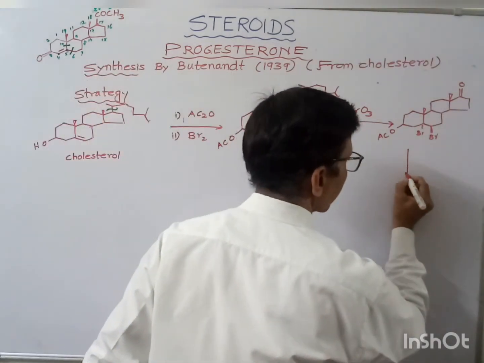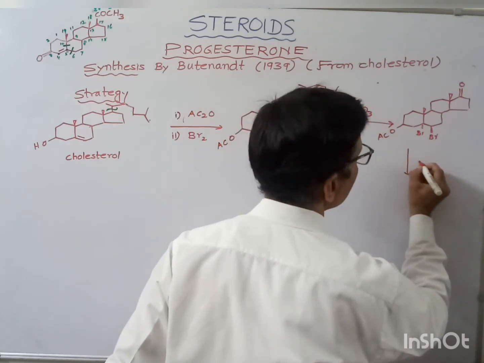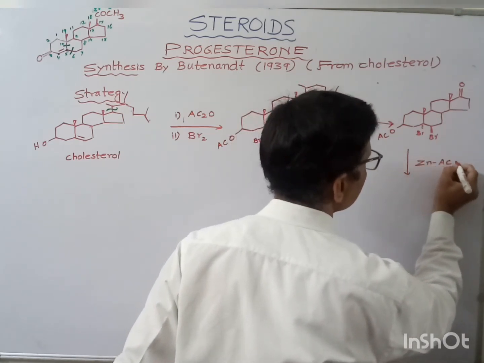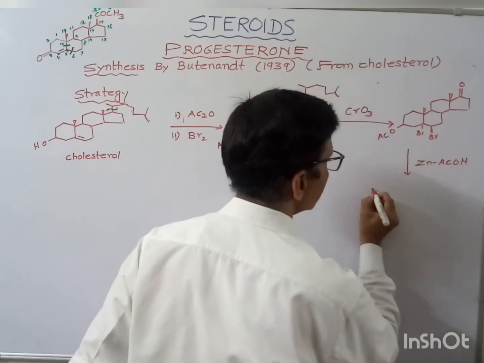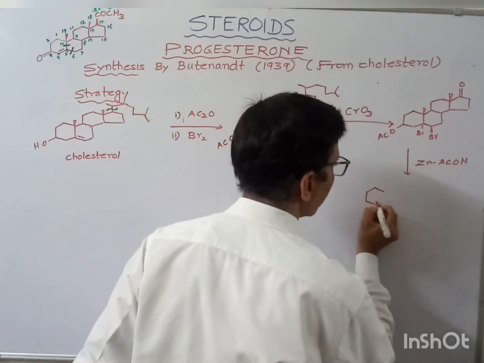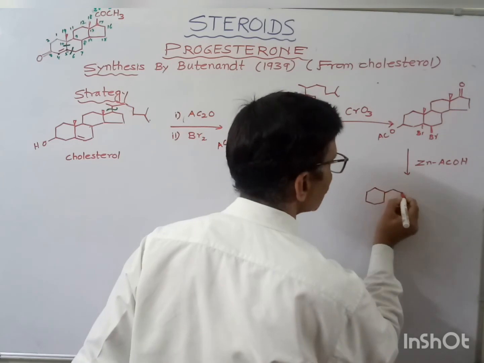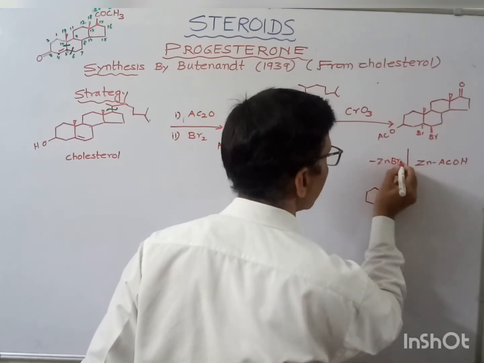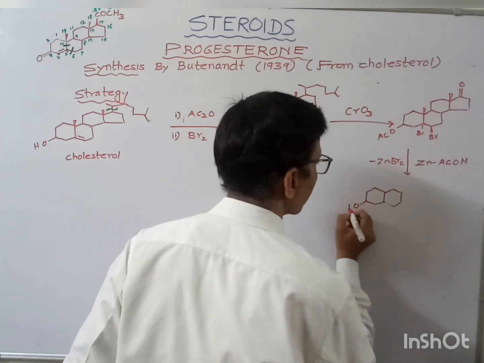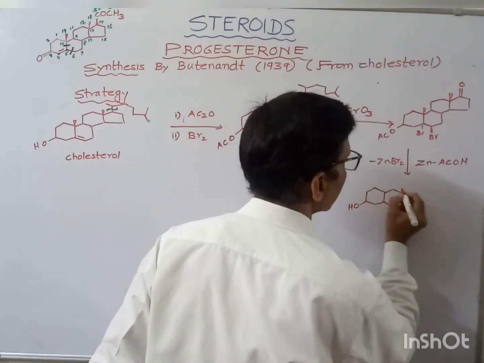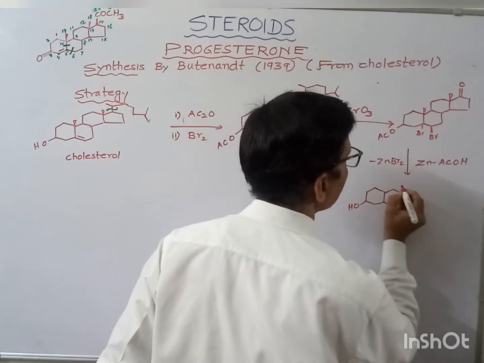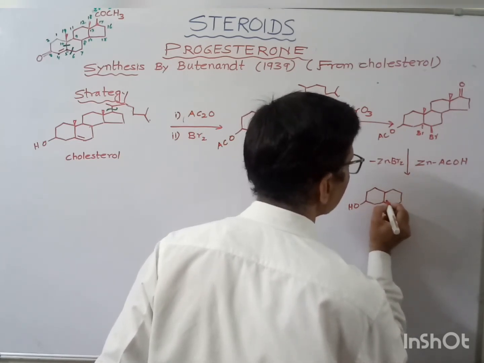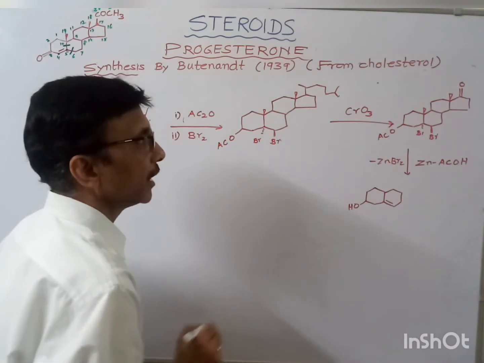Now we can deprotect it. It may be deprotected in the presence of zinc and acetic acid. With the removal of the bromine as ZnBr2, this would be converted into OH, and we have the double bond over here.